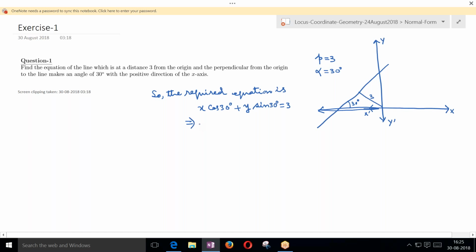Cos 30 is root 3 by 2, so x into root 3 by 2 plus y into sin 30. Sin 30 is 1 by 2. That is equal to 3. Now if we simplify, we get root 3 into x plus y minus 6 is equal to 0. So this is the required equation of the straight line.